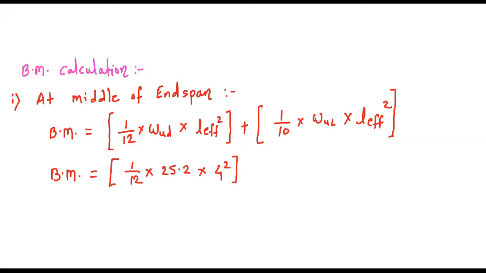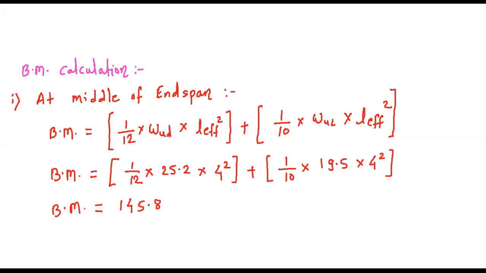Plus 1 by 10 into the live load, which is given as 19.5, into 4 square. The answer given by roll number 15 is 145.8. Is it the right answer? Shall we go with this answer? Kilonewton meter.